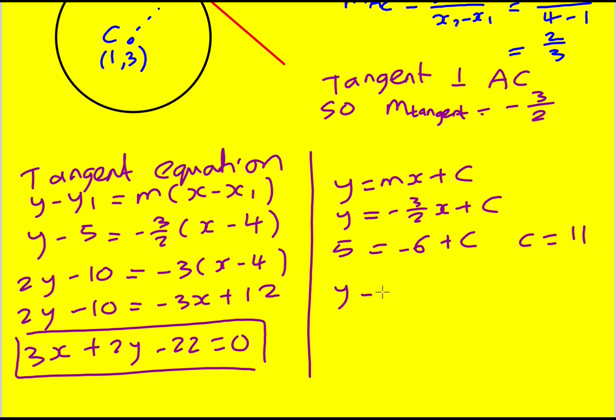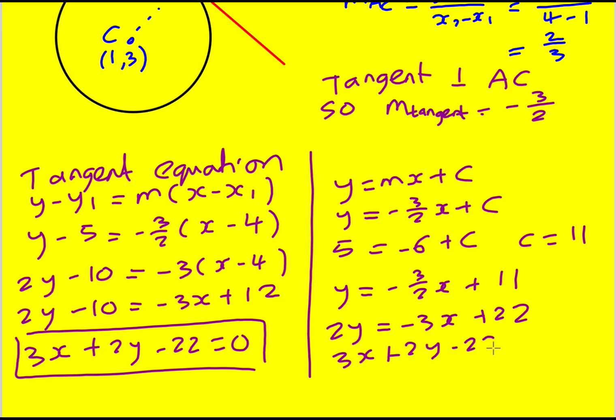That means y is equal to minus 3 over 2 x plus 11. Times through by 2, 2y equals minus 3x plus 22. Doesn't work out too badly here. There are times when it's so much easier to use the way that I did it. Probably on par here. 3x plus 2y minus 22 is 0 using this second method.